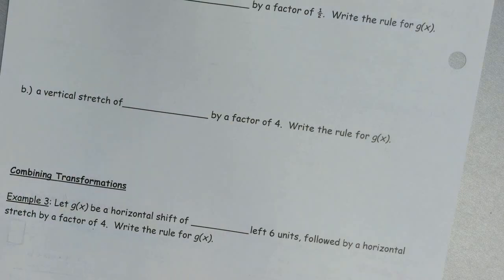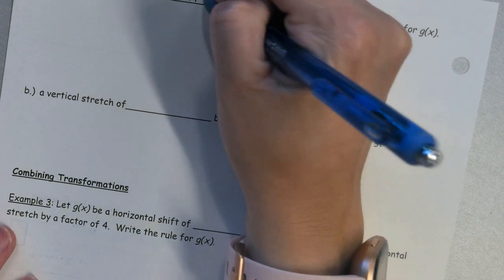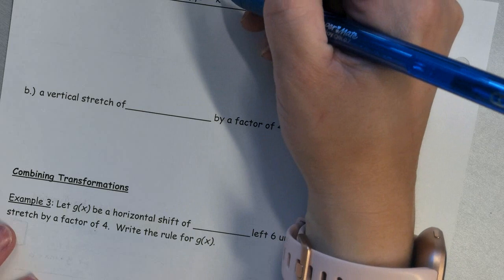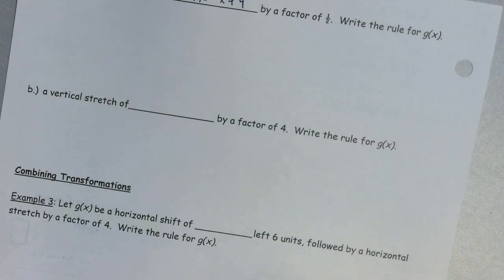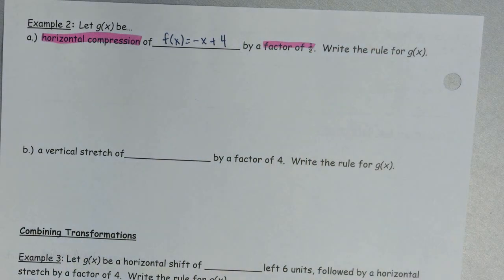And then they would fill this part in with you. We're going to fill it in together. f of x equals negative x plus 4 by a factor of 1/2.